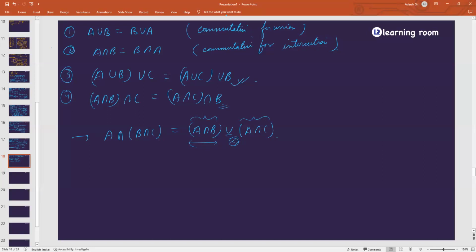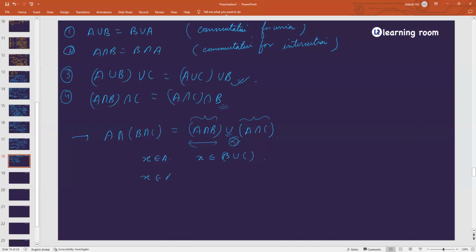Okay. Now see here, I'll tell you. So let us take any element. X belongs to A, right? And also X belongs to B union C. So what happens then?